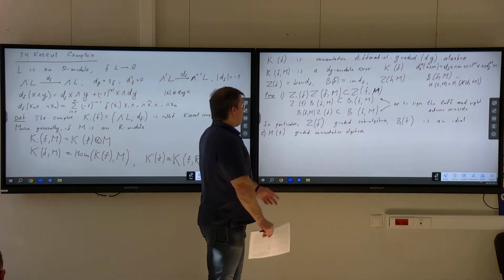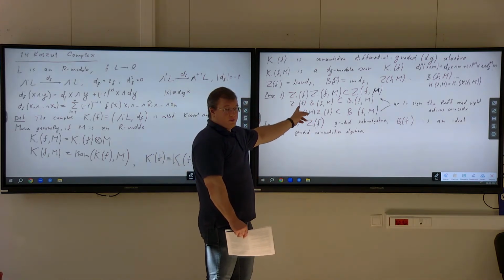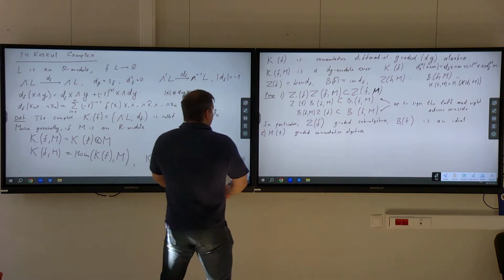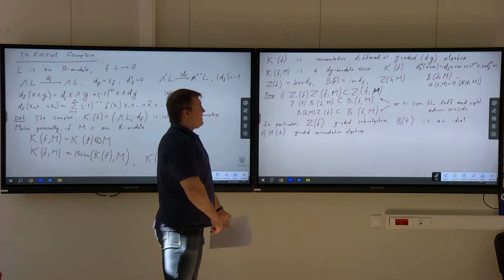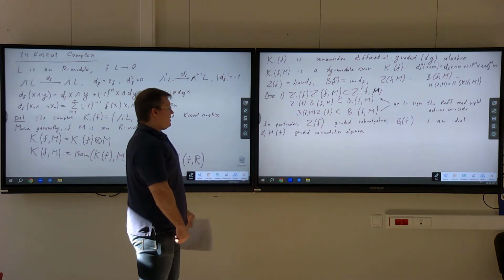Well, this is precisely these last two relations. Yeah, so this is a graded commutative algebra. This is just a long explanation of why I can say that the homology forms a graded commutative algebra.